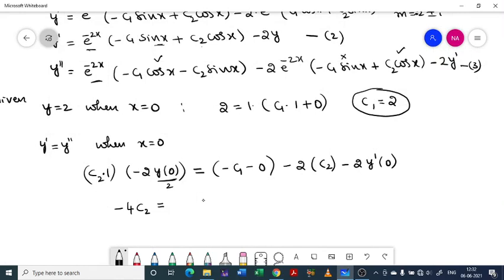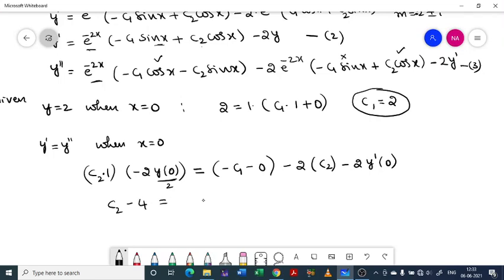So here it is c2 minus 2 into y of 0, so minus 4 it is.